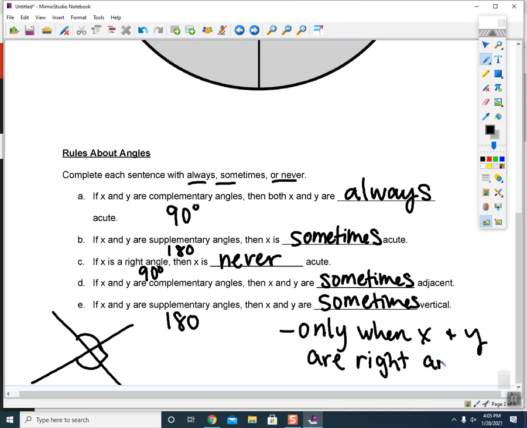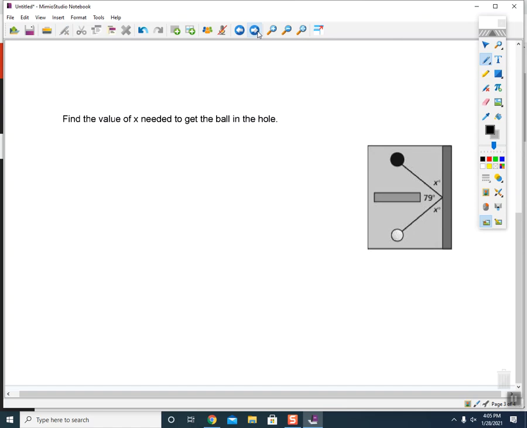Otherwise, this would be a never. Okay, the only time where that's true is when x and y are right angles. Otherwise, it's not going to be true. All right.